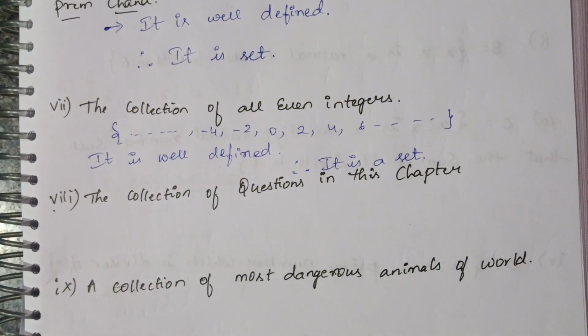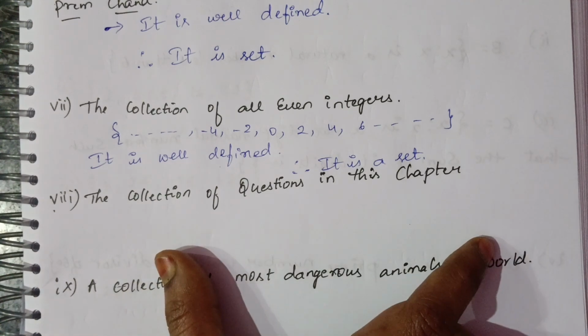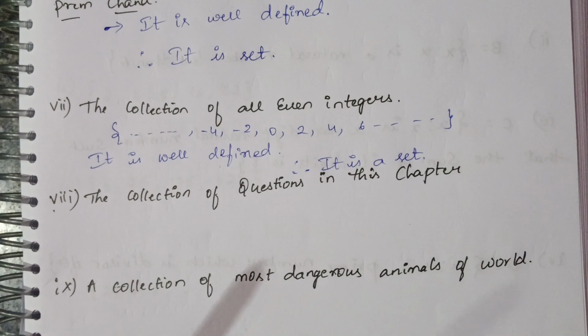Next, the collection of questions in this chapter. For me it will be the same questions. For anyone else also, if you take for example exercise 1.1, you will get the same questions as I do.